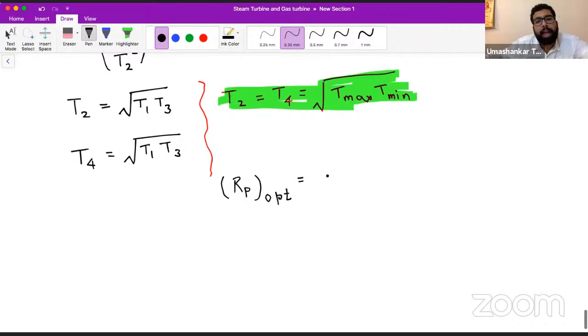So you can say our RP optimum is (T2 by T1) to the power gamma upon gamma minus 1.